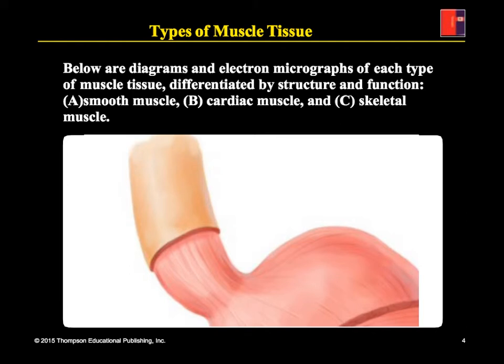Below are diagrams of smooth muscle, cardiac muscle, and skeletal muscle. On your screen you can only see the smooth muscle, but we're going to take a couple minutes to talk about the difference between the three types of muscle.